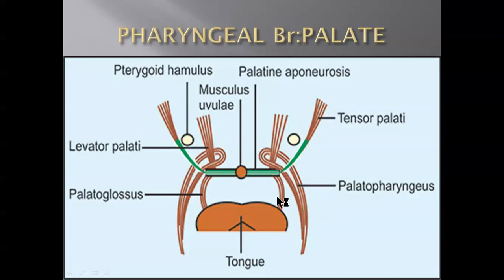Any problem in these muscles, or in the vagus nerve, or the cranial accessory nerve, or the nucleus ambiguus will create ipsilateral problems. It can cause dysphagia and ipsilateral problems. And if we are talking about the larynx, then we can have dysphonia and other different problems.